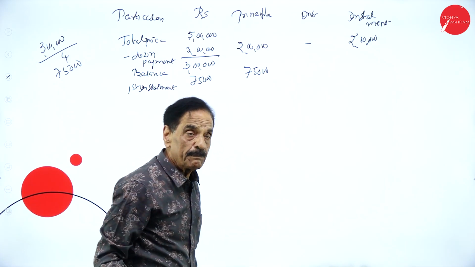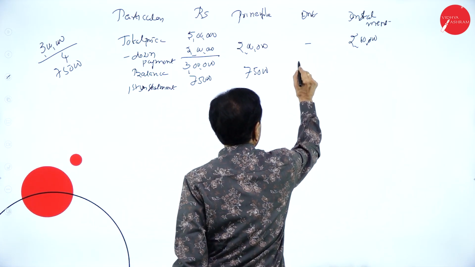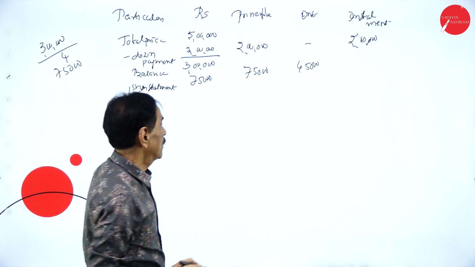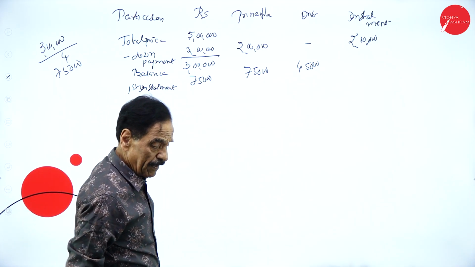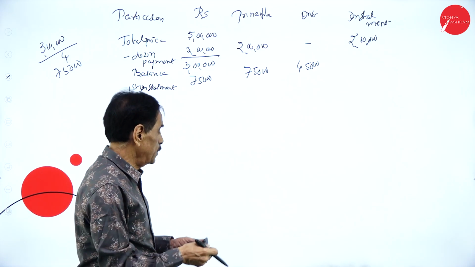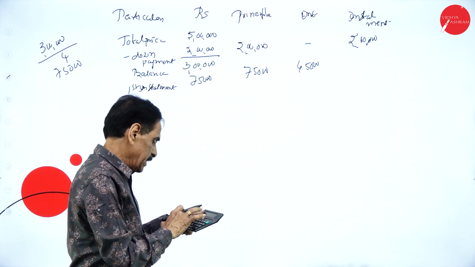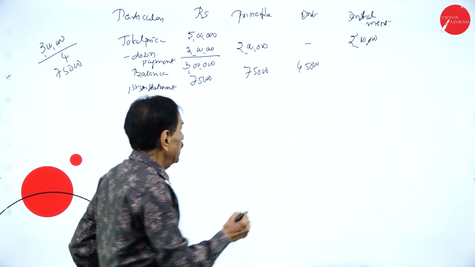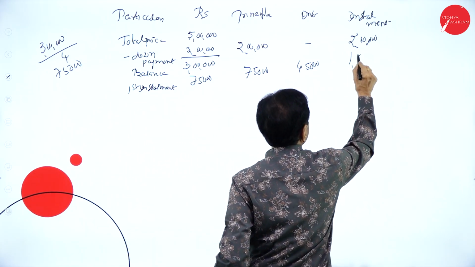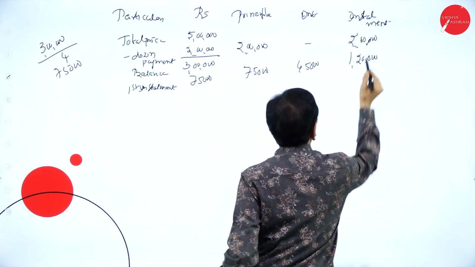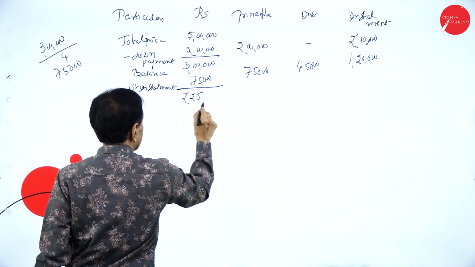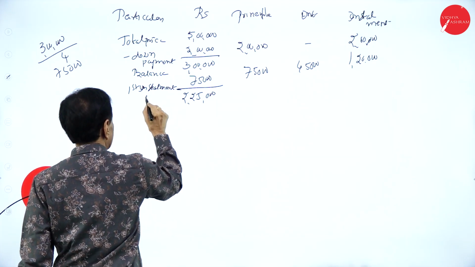Interest at 15% on 3 lakh, 45,000. If you add 75,000 plus 45,000, 1,20,000. Now deduct 75,000, balance 2,25,000.